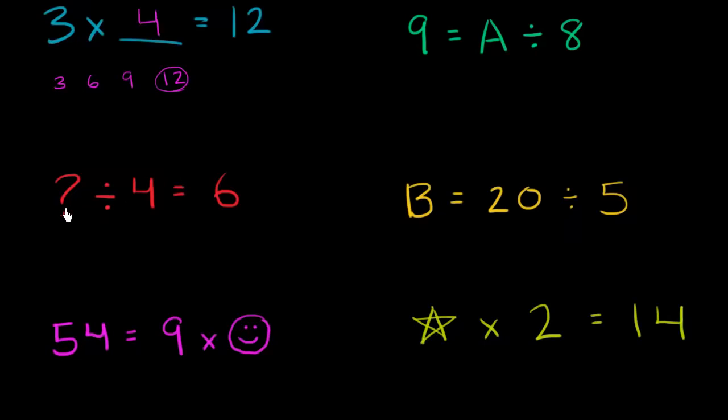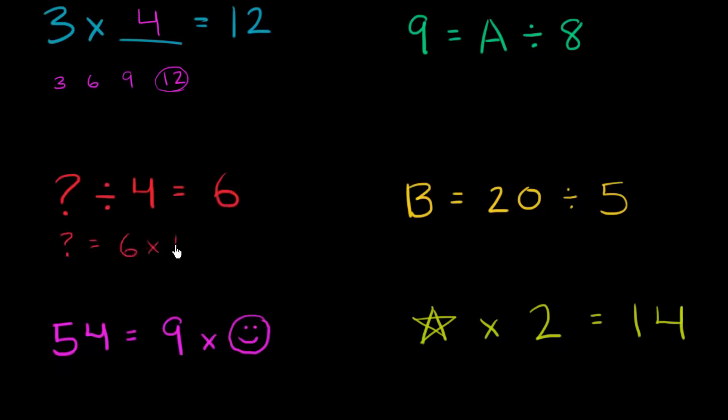Now let's work on this one. Something divided by, so question mark divided by 4 is equal to 6. Well, this is the same thing as saying that question mark is equal to 4 times 6. Or you could say 6 times 4, they're the same.